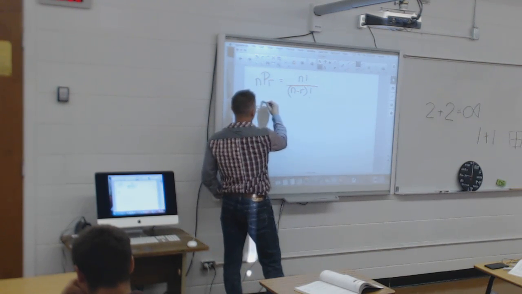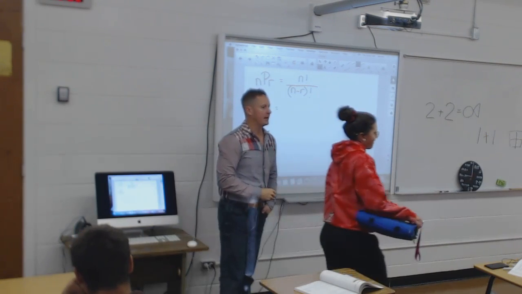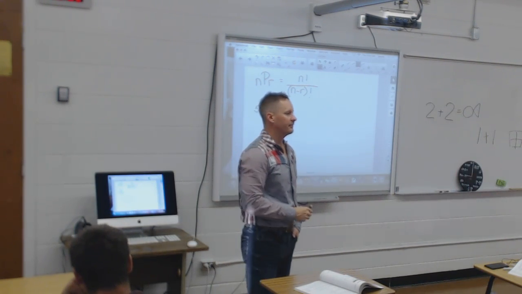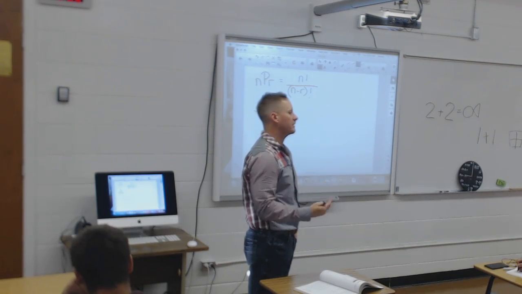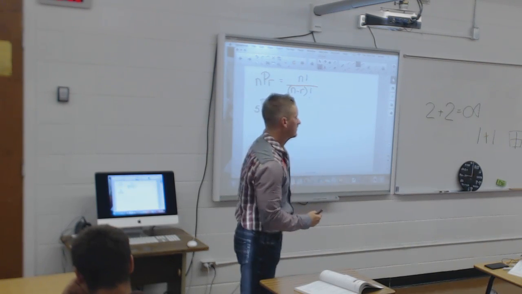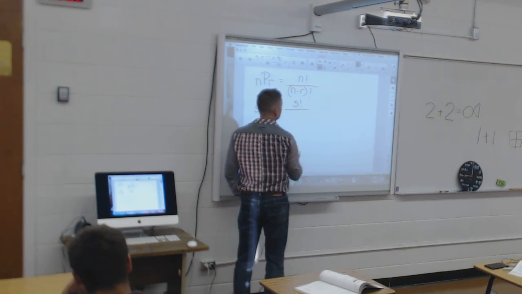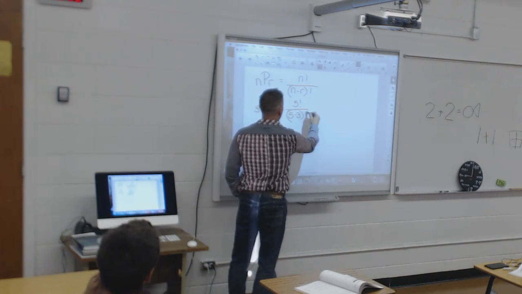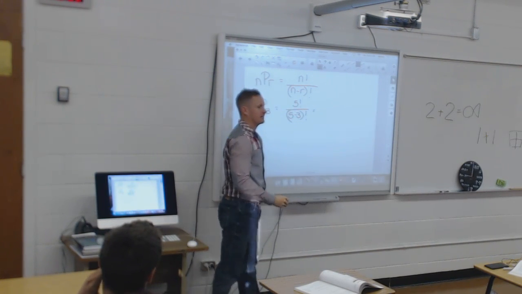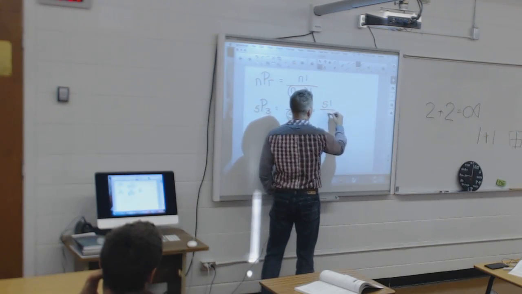But here's what happens. 5P3. Okay? So that's what I've got here. 5P3. I've got 5 people and I want to select and order them 3 ways. So my n value is 5 factorial. My r value is 3. So what do I have? 5 factorial over 2 factorial.